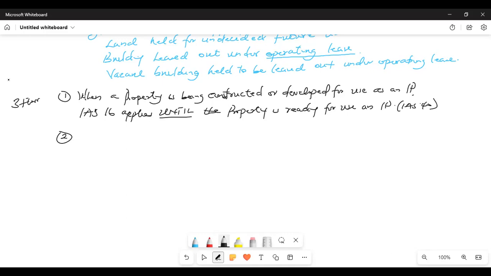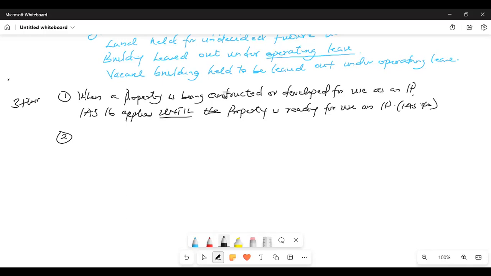But when we come to IP, we single out only rental income and capital appreciation. So if you have some asset, the part used by yourself will be called PPE. Then the part that you use to earn rental income will be called what? An IP.